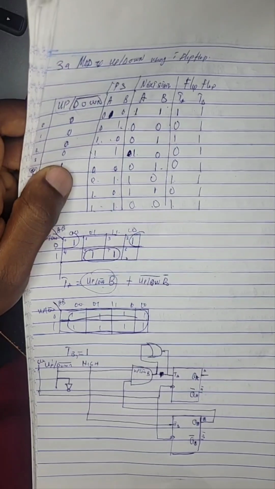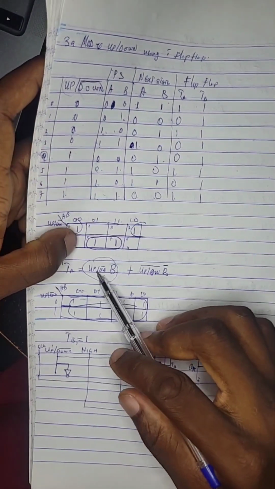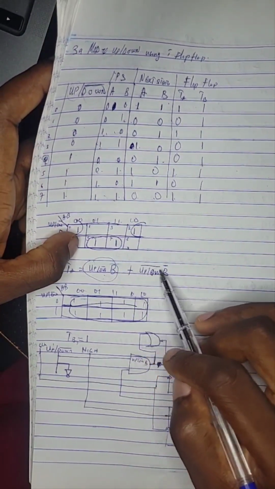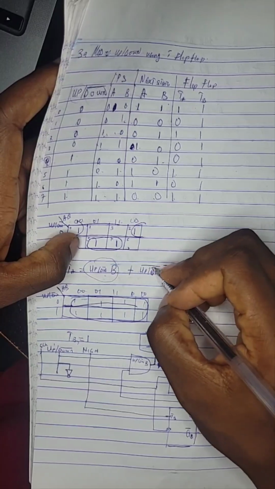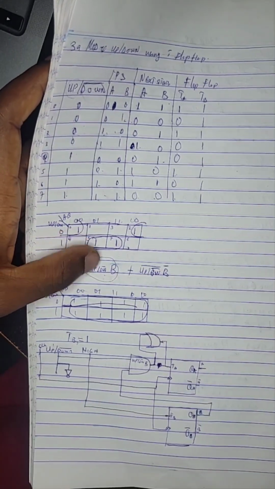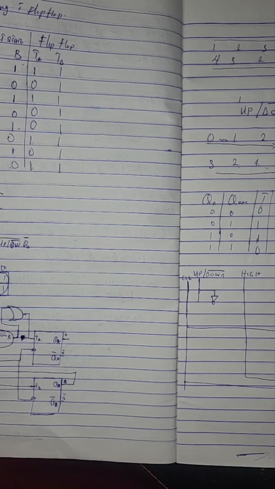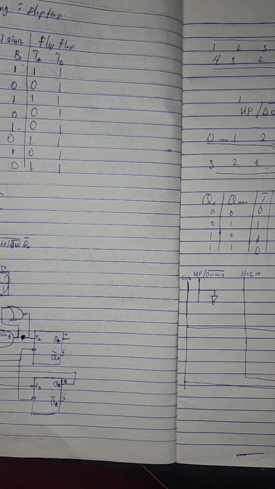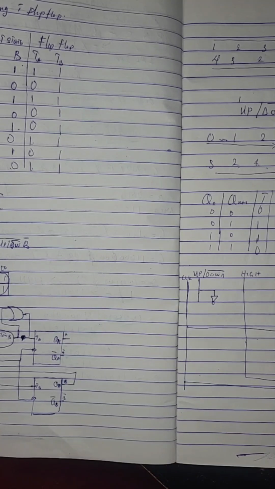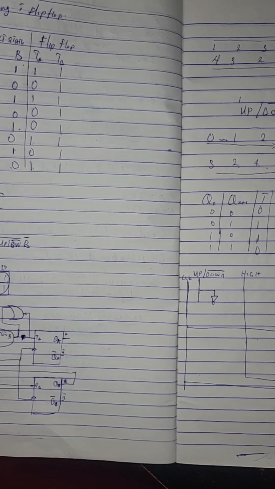So now for the expression of TA, we notice that TA is up down B plus up down bar B. So from TA now we are going to have an OR gate that has two AND gates.